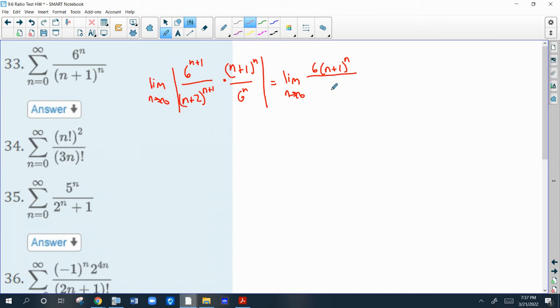So the n plus 2 to the n plus 1, I'm going to write as n plus 2 times n plus 2 to the n. When you multiply those together, you add the exponents, and you would get n plus 2 to the n plus 1.